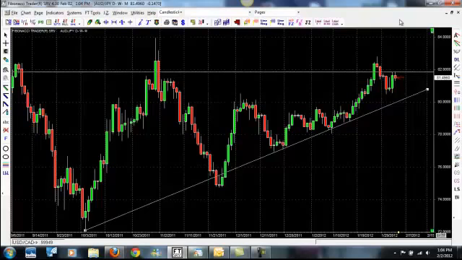And here's what I mean: the Australian dollar pays overnight at the bank. Overnight interest rates are one of the highest of any currency out there, and the yen happens to be the lowest. So when you buy the Aussie yen, you have to check with the brokerage firm that you're with.